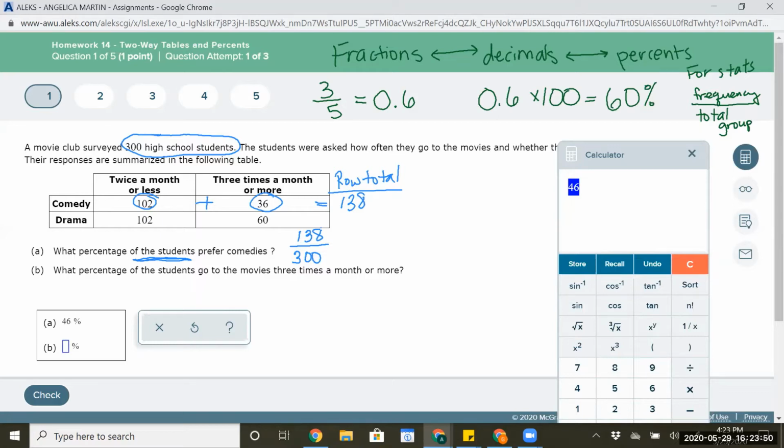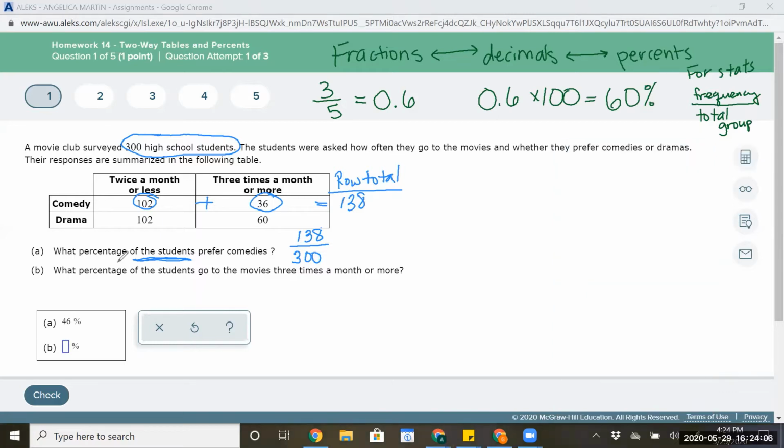Let's go ahead and look at part B together. Part B says what percent of the students, so again, my total is 300. Now they want to know, of all those kids, how many of them go to the movies 3 times a month or more.